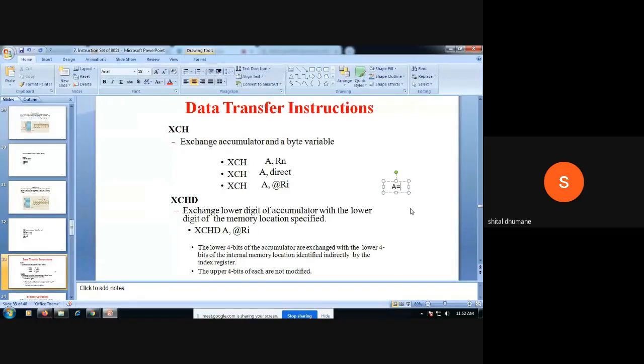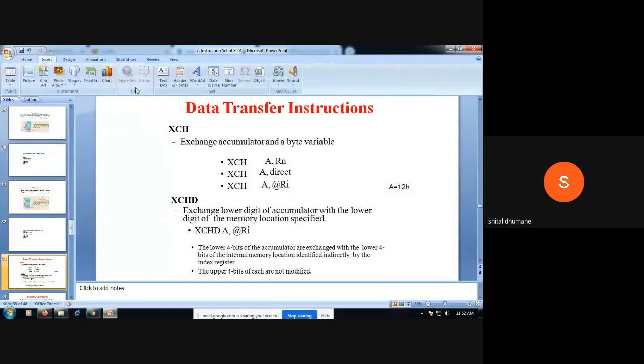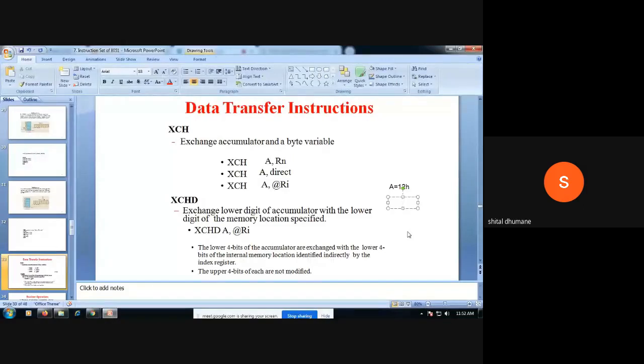Suppose here my accumulator contents are 12H. And I have some memory location defined in R0. Suppose R0 contains 25H.